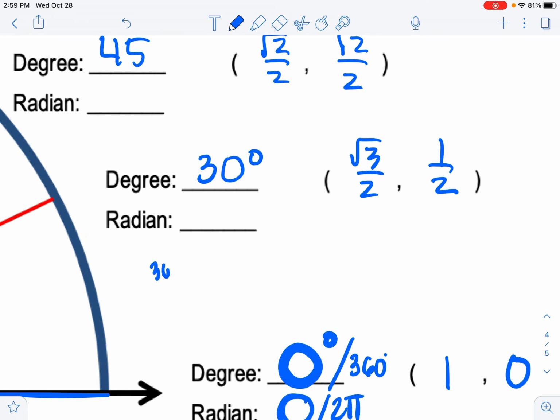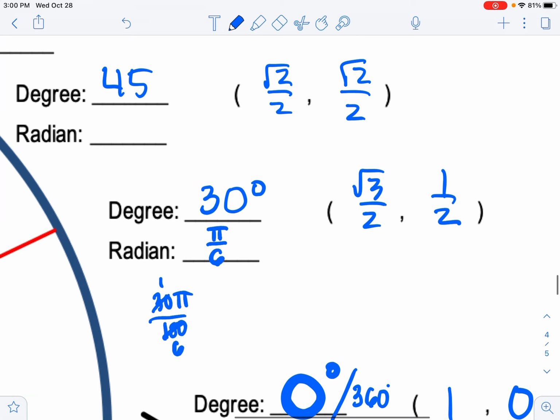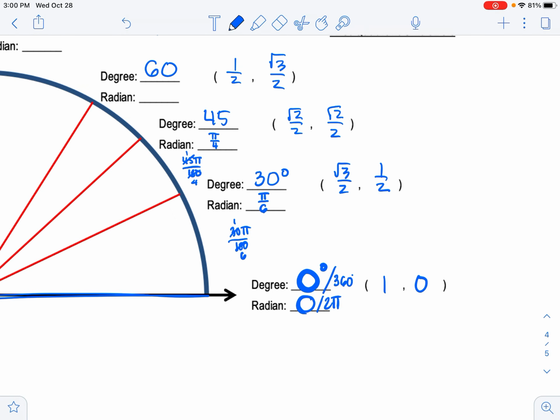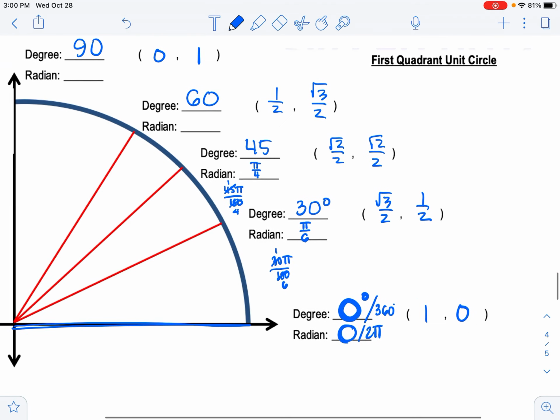Here, if I multiply this by pi and divide by 180, I'd have 30 pi over 180. 30 goes in here once, 30 goes in here 6 times. So this is pi over 6. 30 degrees is pi over 6 radians. Here, 45 times pi divided by 180. 45 goes into both, once here, 4 times here. This is pi over 4. It is a quarter of a pi.